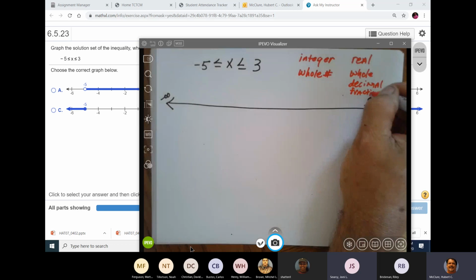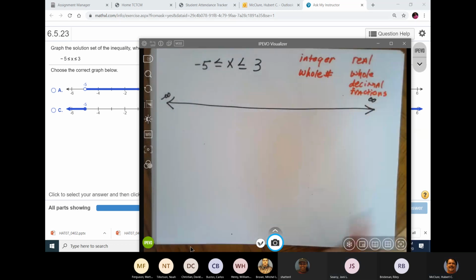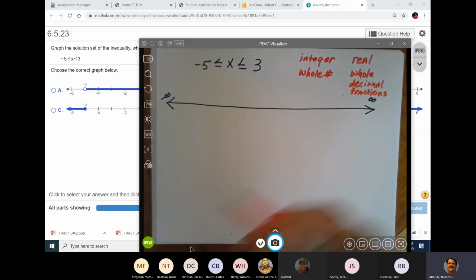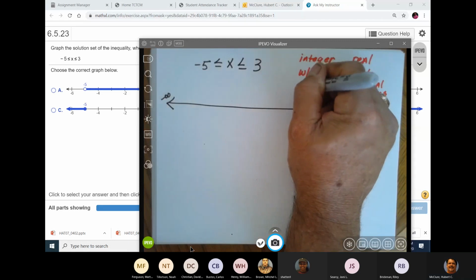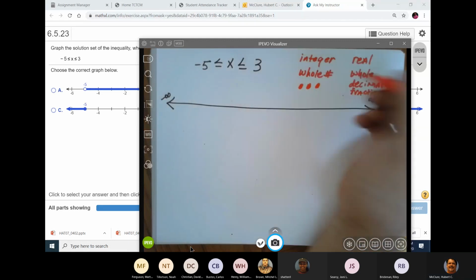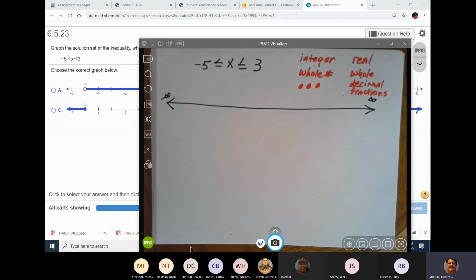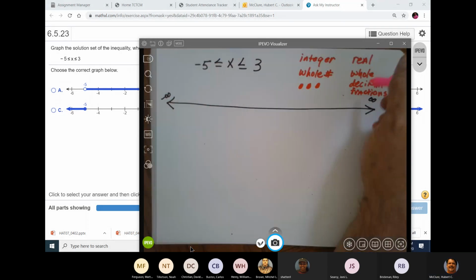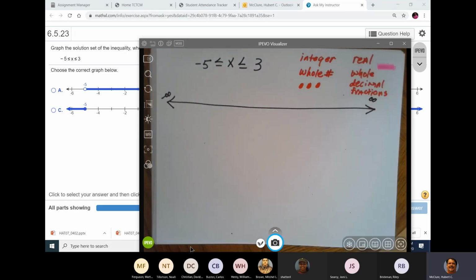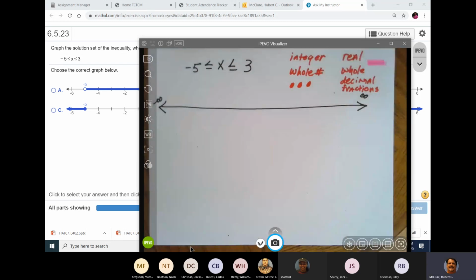And fractions. So integers, you use dots. Real numbers, you use the shade. Okay. We'll probably see one of those integer problems with the next two questions. I guarantee you probably one of them is an integer problem.